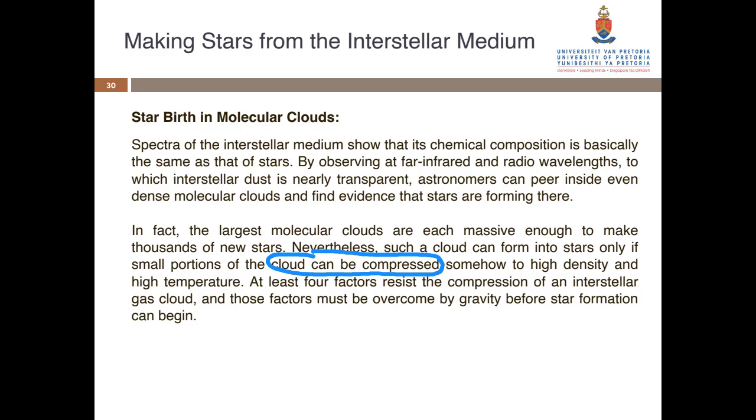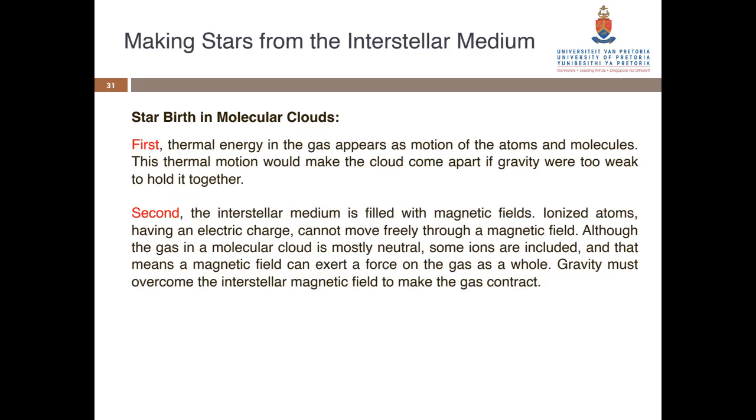And for that compression to happen, we need high density and high temperatures. So the 4 factors that we need to overcome: firstly, the thermal energy in a gas appears as motion of the atoms and molecules. This thermal motion would make the cloud come apart if gravity were too weak to hold it together.